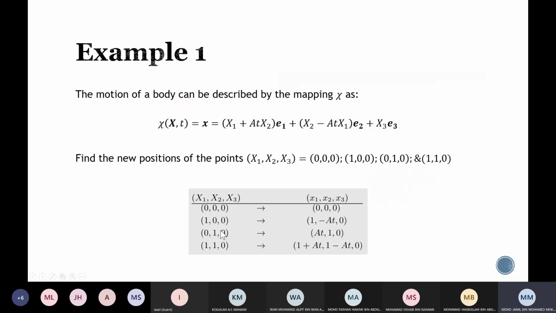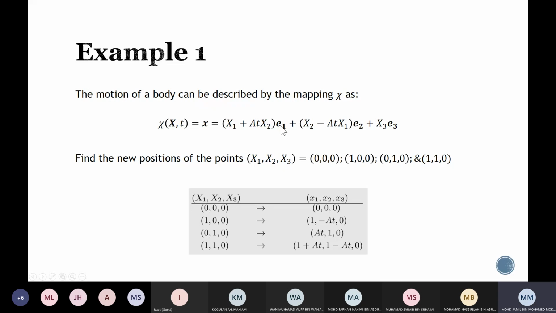Now let's look at an example of how this is applied. Let's say you are given a motion of a body described using the mapping chi. The mapping chi of X and t equals x, which describes the new position: x equals x1 plus 80 x2 times E1, plus x2 minus 80 x1 times E2, plus x3 E3.